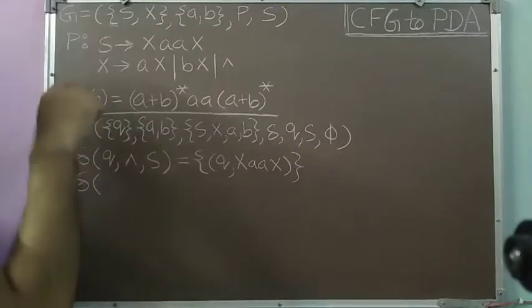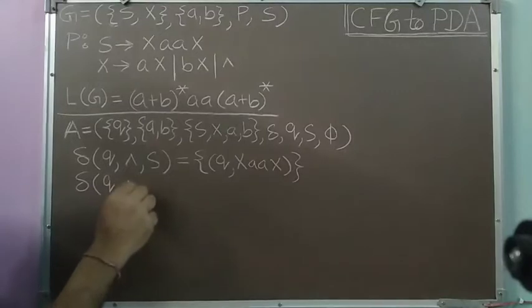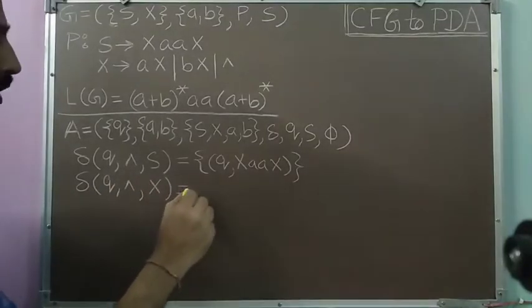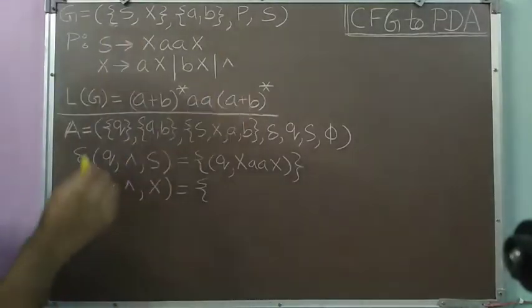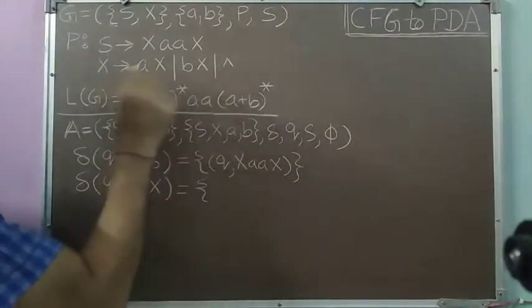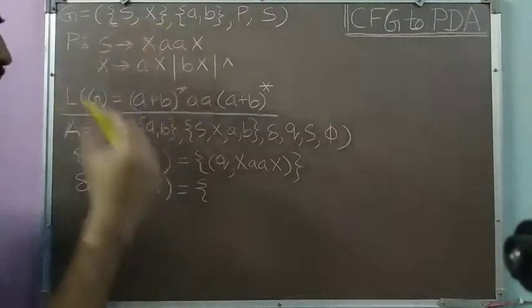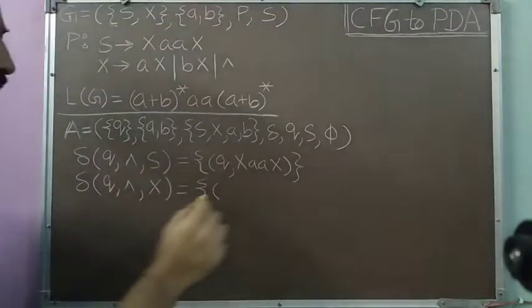Now the next transition will be corresponding to the next variable, that is X. So (q, null, X). For this, I will be looking at the productions of X. There are 3 X productions: X to aX, X to bX, and X to null. So I will have 3 pairs here.